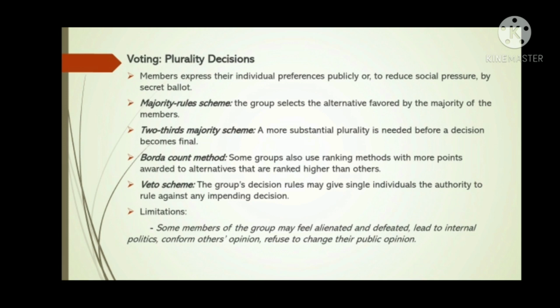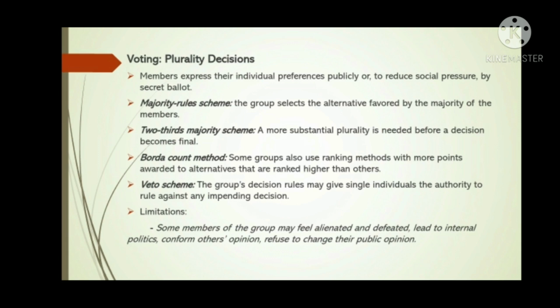Voting, plurality decisions. Most groups, at least in Western cultures, use some type of voting procedure to make decisions. Members express their individual preferences publicly or, to reduce social pressure, by secret ballot. In most cases, the group selects the alternative favored by the majority of the members, the very common majority rule scheme.